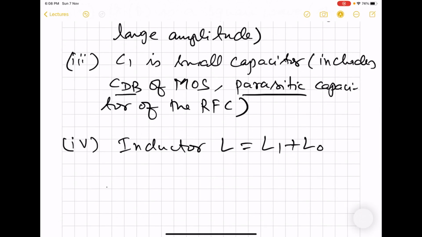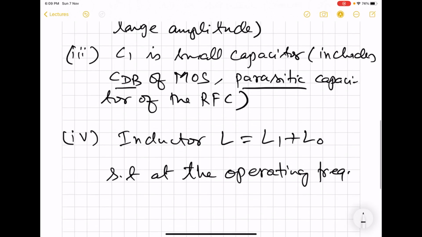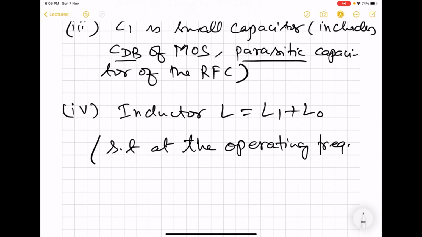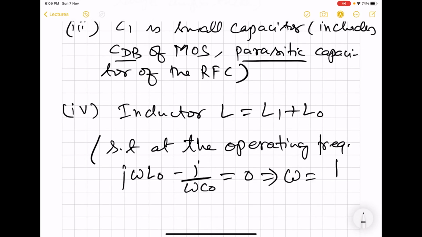Such that at the operating frequency, what happens is the reactance of the capacitor gets cancelled out by this L naught, or part of this inductor L. So leading to the operating frequency given by L naught C naught.